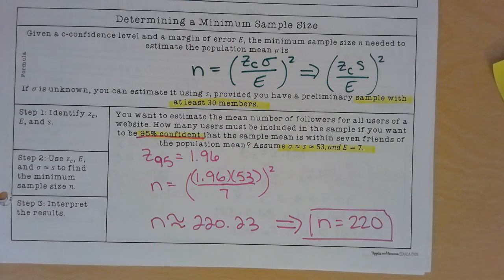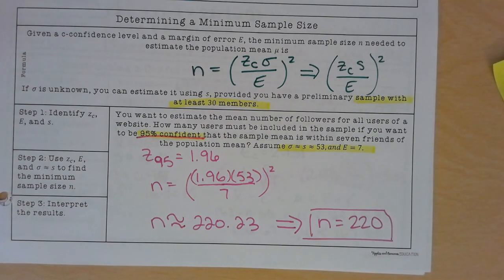So if we know we want a plus or minus error of 7, and we know that in years past we have evidence of our variance being 53, and we want a confidence level of 95%, how many televisions do we need to randomly pull off our production line so that we can test them to make sure that we are working at a 95% level where our margin of error is going to be plus or minus 7 months or 7 years or whatever units they're trying to do. So that's the next step.